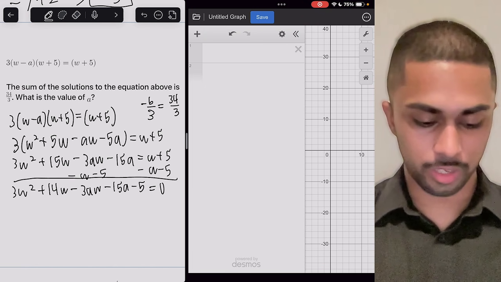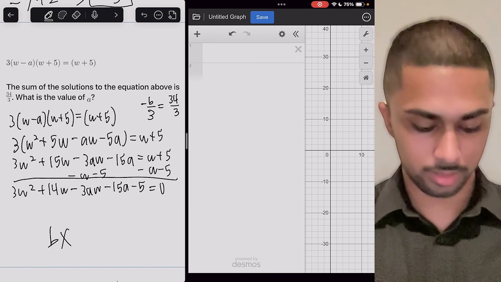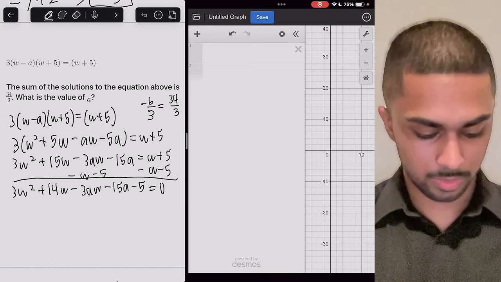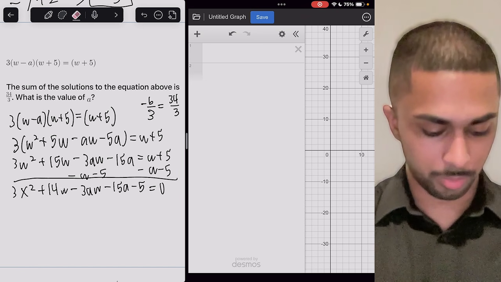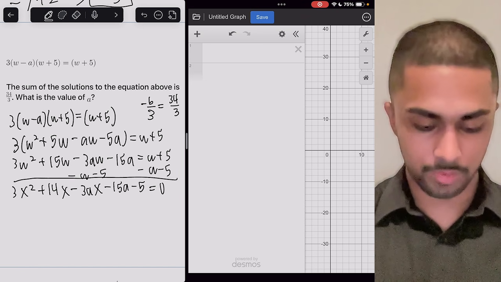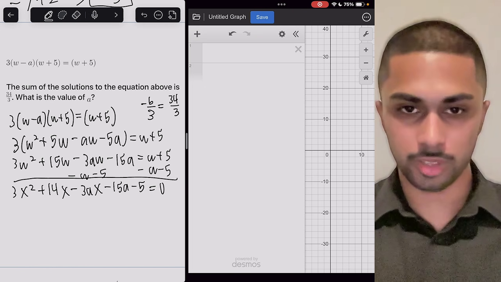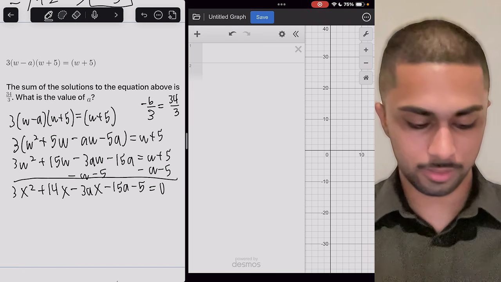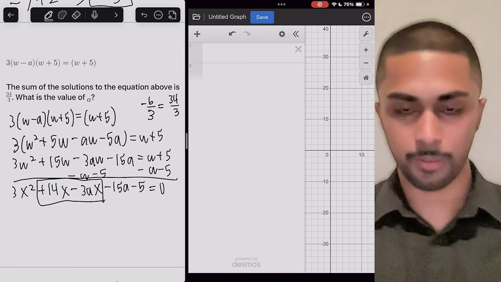What is the coefficient in front of the x term? Because we need that bx term. Well, the w's basically represent x's, so we can replace all of these with x's if it makes it easier for us. Let's find all of the x terms. Where are they? Right here.